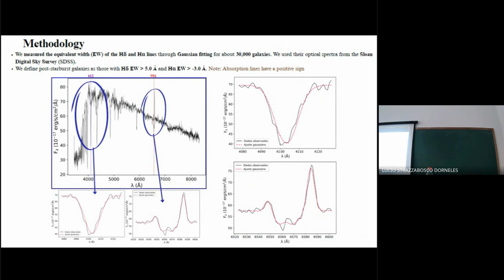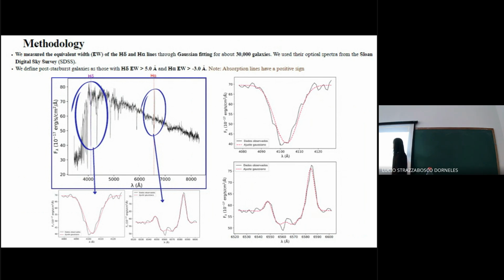So, huge absorption. And also, we don't want EW greater than -3. Absorption lines are positive, while emission lines have a negative sign. But the line we are interested in here is this line, not this one.